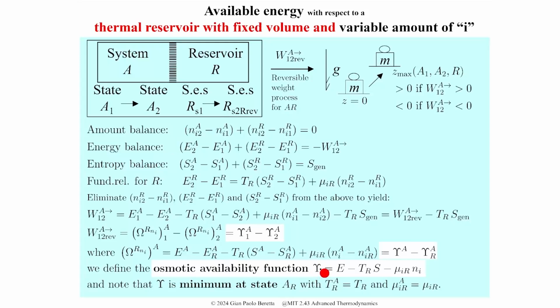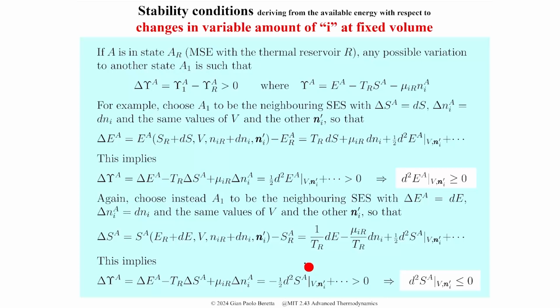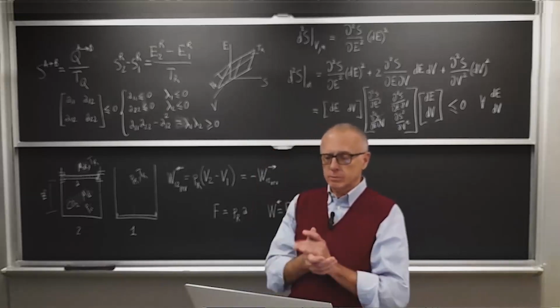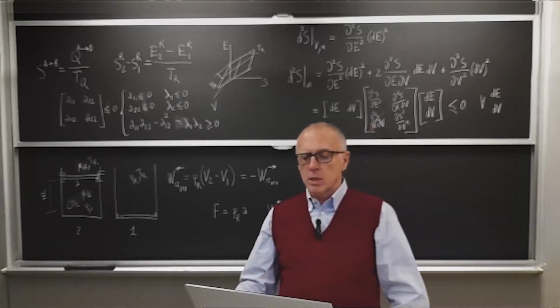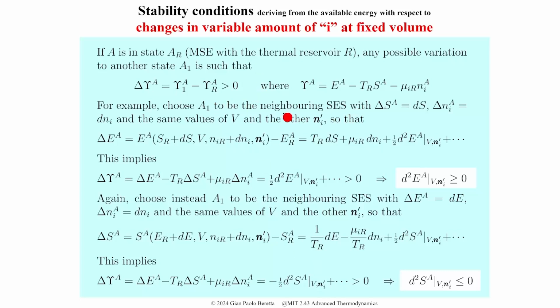It's just a matter of choice. As for the other availability functions, this also is minimum. So also from this one, by the same procedure as before, you can derive conditions for stability of equilibrium.